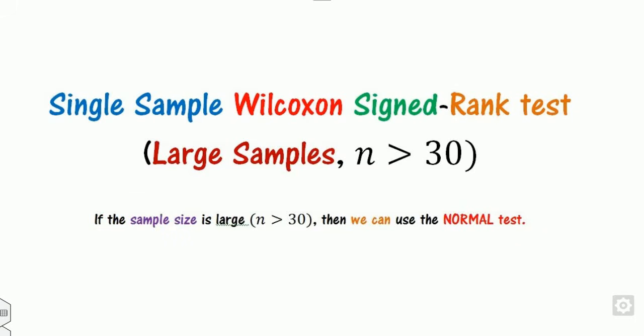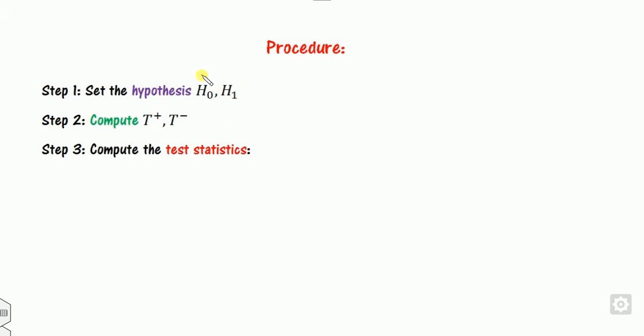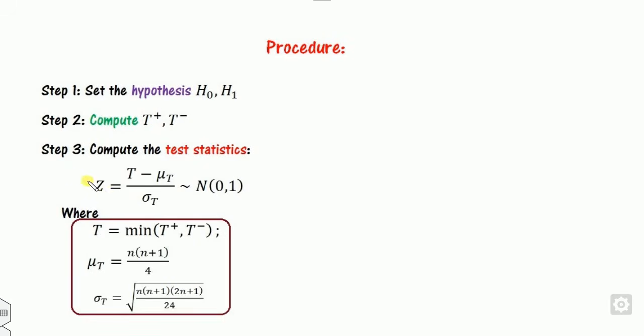Look at one more example related to the large sample. How do you solve the problem when the sample size is greater than 30? Then we call it a large sample. The procedure is the same. Firstly, we define H0 and H1. We compute T positive and T negative the same way. The only change is in step 3, where we use the normal distribution.